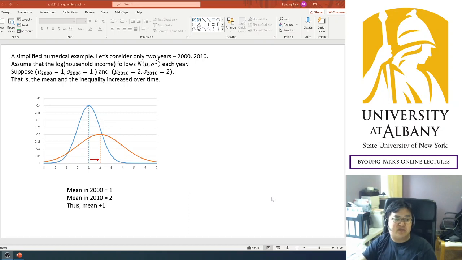And then another simple example. Think about this strange example. Say we observe income distribution in 2000 and 2010, and suppose that the log of income follows a normal distribution. Additionally, suppose that the mean was 1 and the standard deviation was 1 in 2000, and in 2010 the mean increased to 2, but the standard deviation increased to 2.